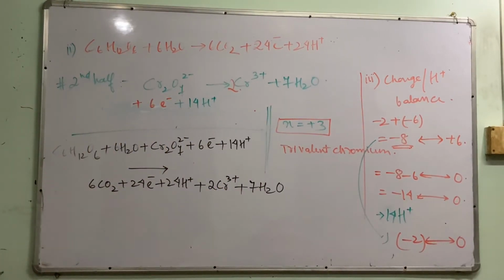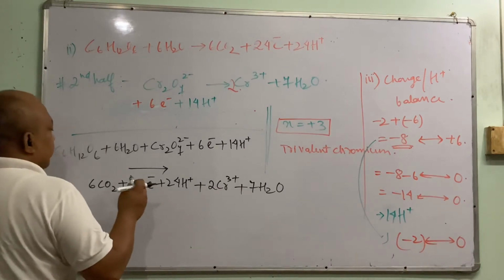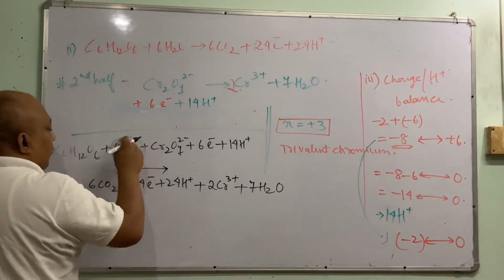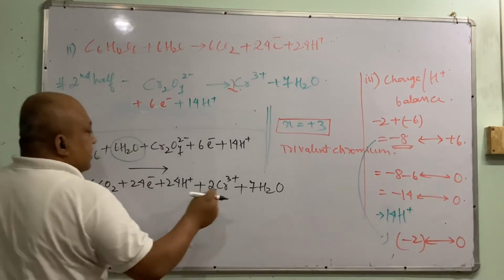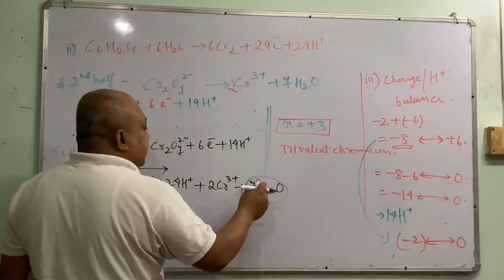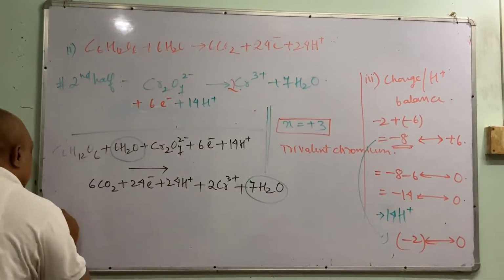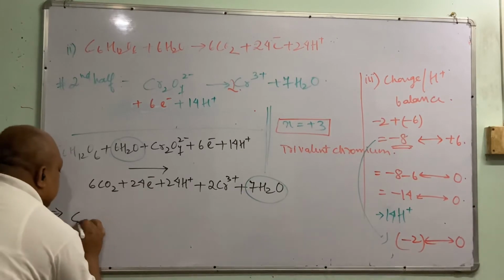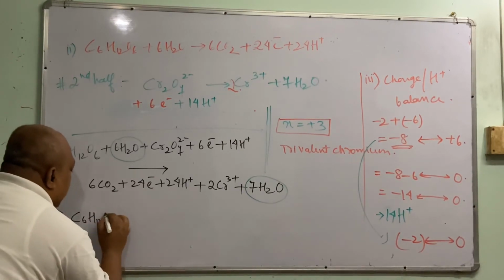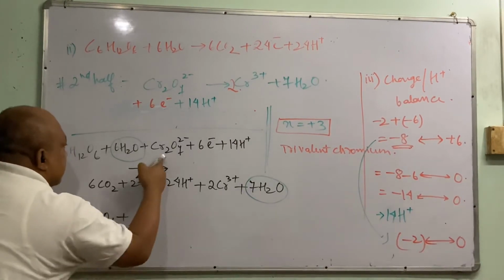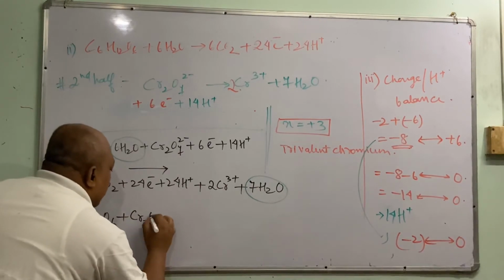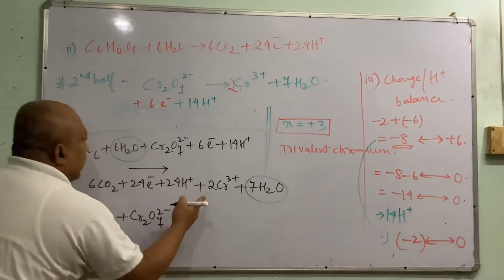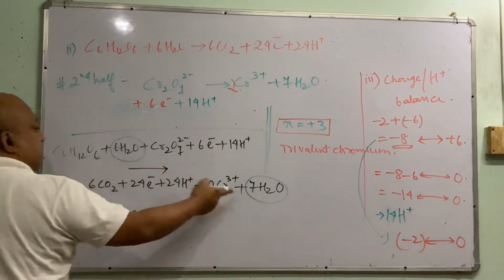From here again, what you can do is the 6 molecules of water and 7 molecules of water can be cancelled. You can get only 1. So the final equation is C6H12O6 plus Cr2O7 2 minus, 6 molecules of water, 7.